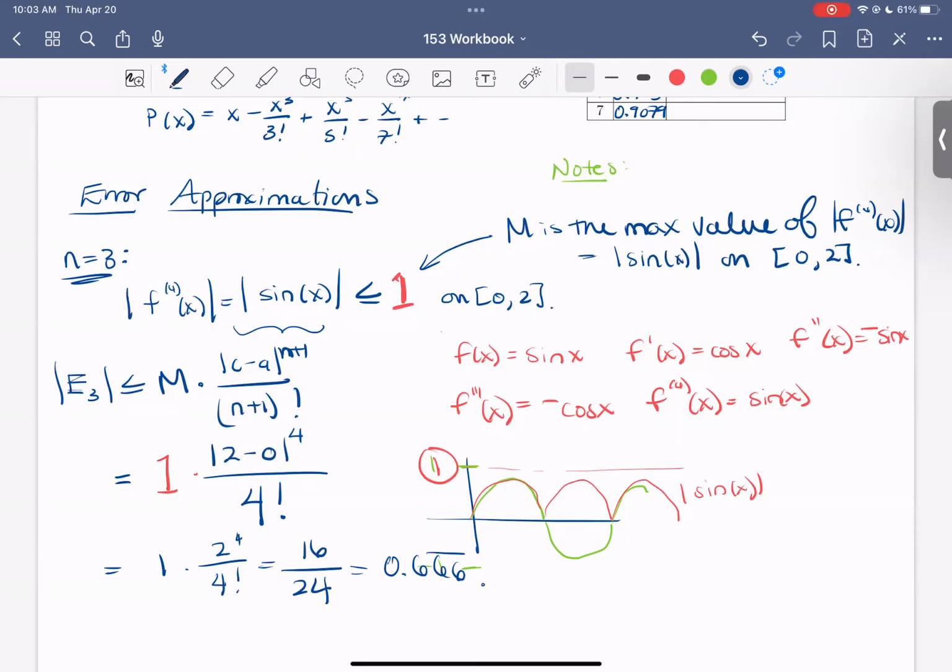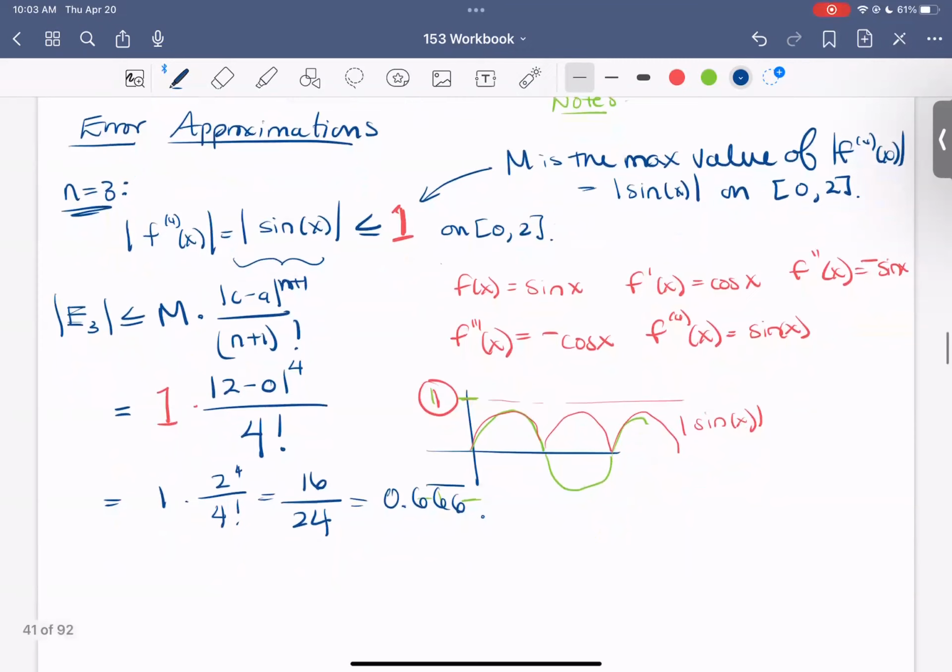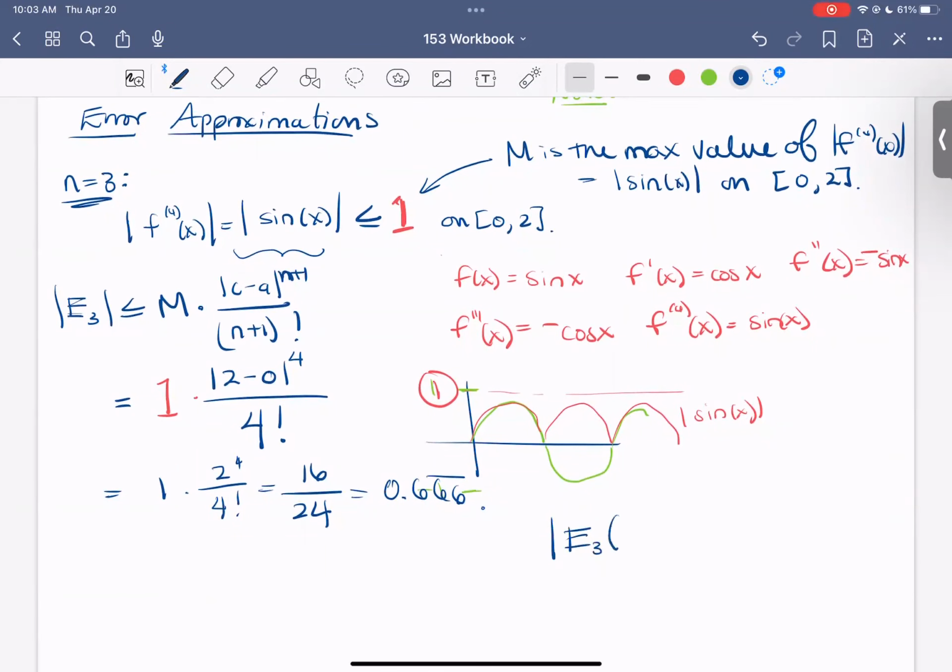So what we just found is that the maximum error of our third degree polynomial at 2 is 0.66 repeated.